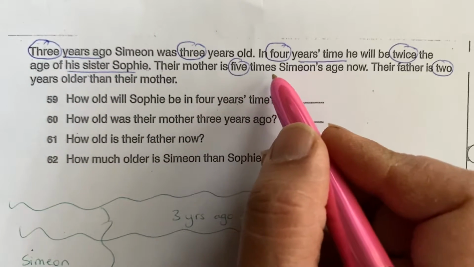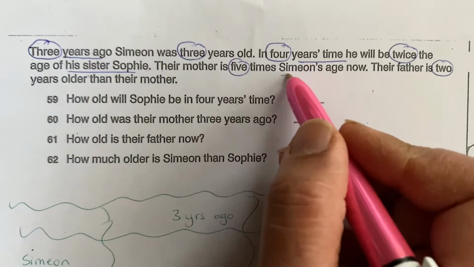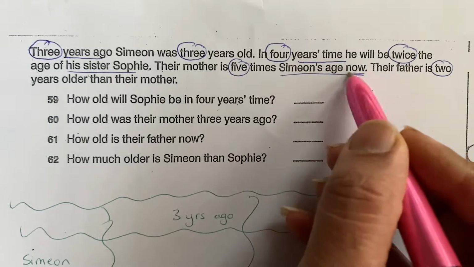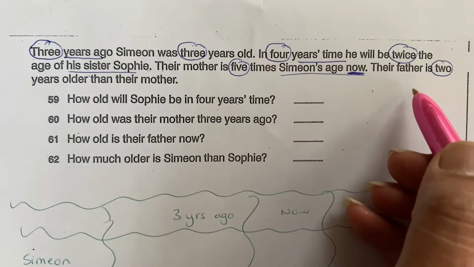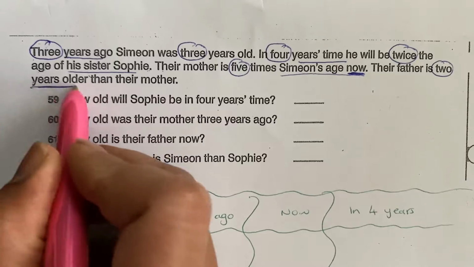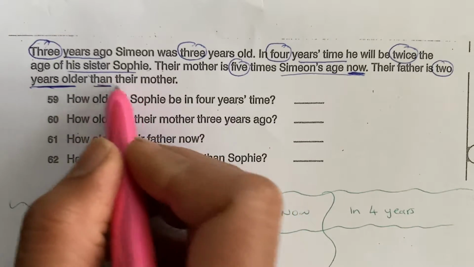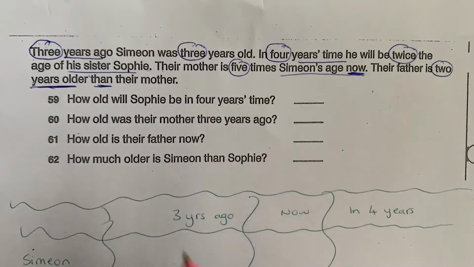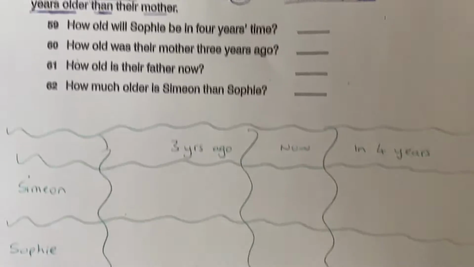Their mother is 5 times Simeon's age now. That's a key word. Their father is 2 years older than their mother. That's a key word, okay, then mum. So let's break this up.